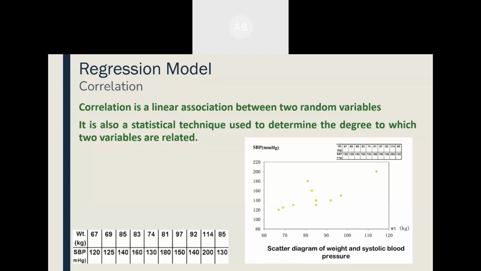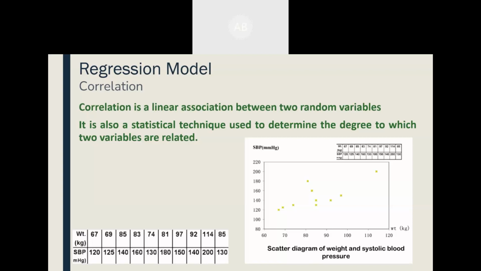Okay, so correlation is a kind of association that exists between two variables. So remember, correlation is always between two variables. You can plot one on the x-axis and another on the y-axis, as you can see on the screen. For example, there may be any two variables.